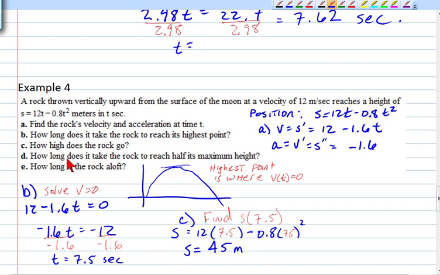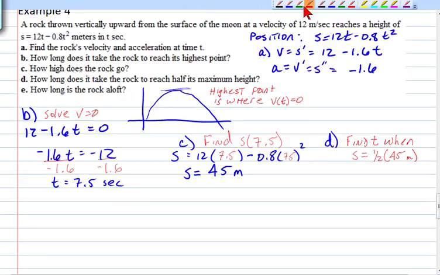Part D says, how long does it take the rock to reach half its maximum height? Well, if this is the maximum height, what do we want to solve to find out when it's half the maximum height? Find t when s equals half of 45. We'll just do it that way. So we go to the position function, and we set it equal to 22.5, and that was 12 times t minus 0.8 t squared.